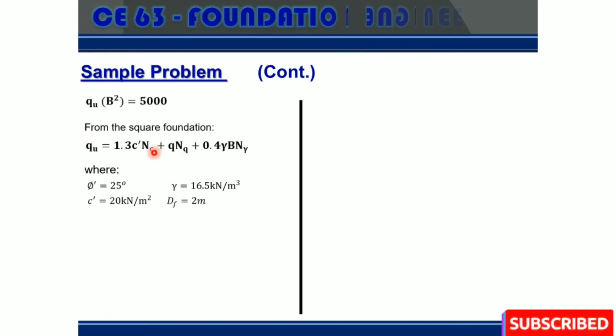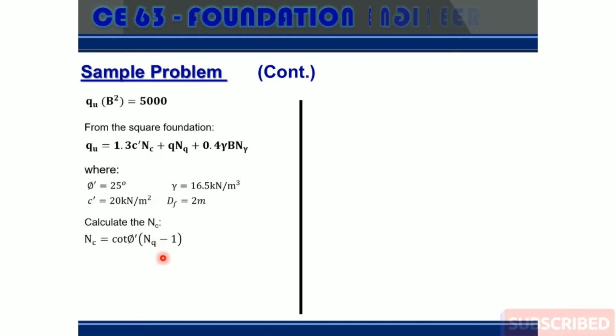Okay, so first we need to calculate the N sub C. So again, you can recall from our previous lecture video, you can use this formula in calculating the N sub C equal now to cotangent of your friction angle phi prime times this N Q minus 1.